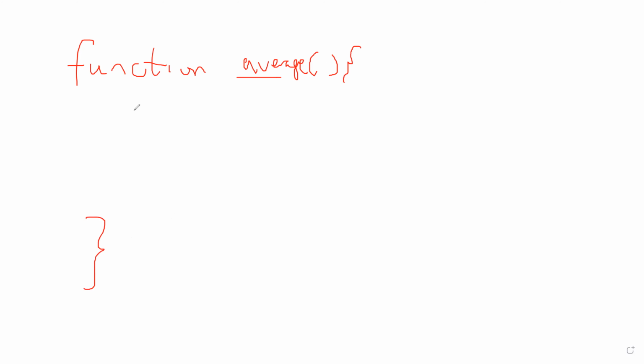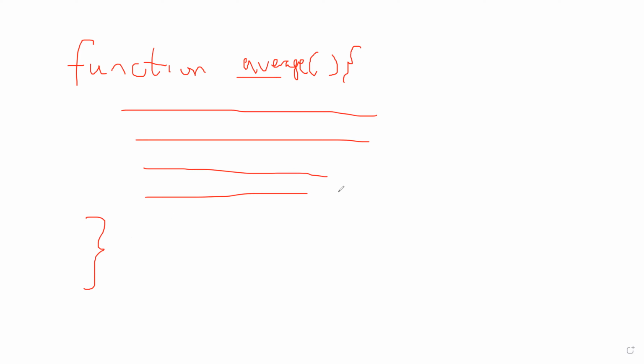So whatever statements I'm going to write here are now acting as a unit. Which simply means that anytime I call this function, just like I call the x holding multiple data, I can call this average by saying average.